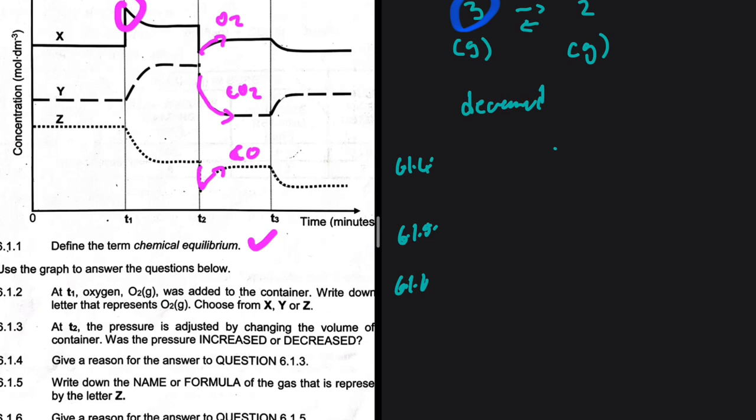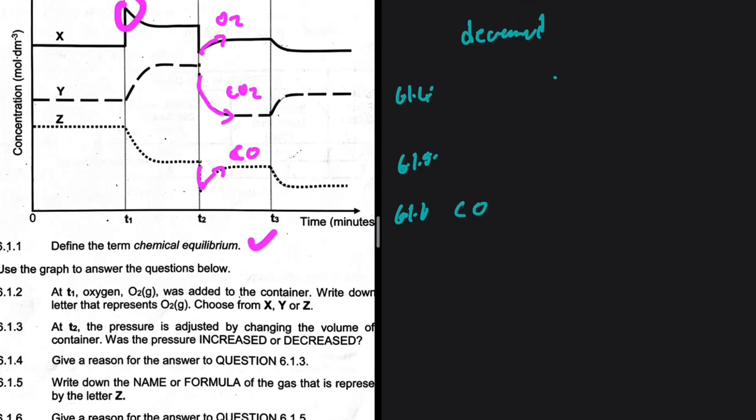We can see that when the pressure was decreased, the concentration of the reactants goes up, right? And we can see that the concentration of X went up, which we know to be oxygen gas, and the concentration of Z went up. It has to be carbon monoxide, because that's the other reactant that we have. So write down the name or formula of letter Z: CO, carbon monoxide. You have the freedom of choice there. So that is 6.1.6.